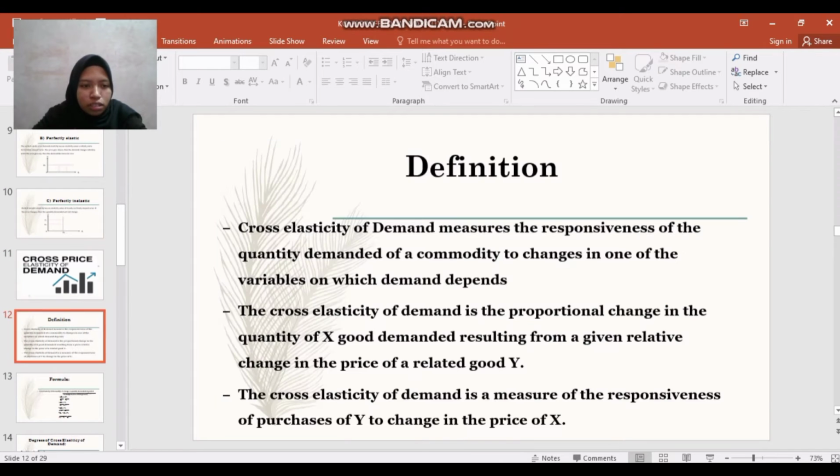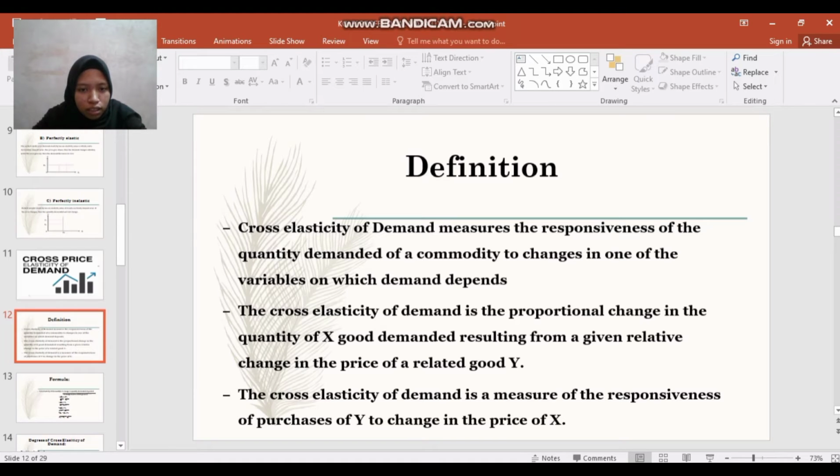The definition of cross elasticity of demand: it measures the responsiveness of the quantity demanded of a commodity to change in one of the variables on which demand depends.